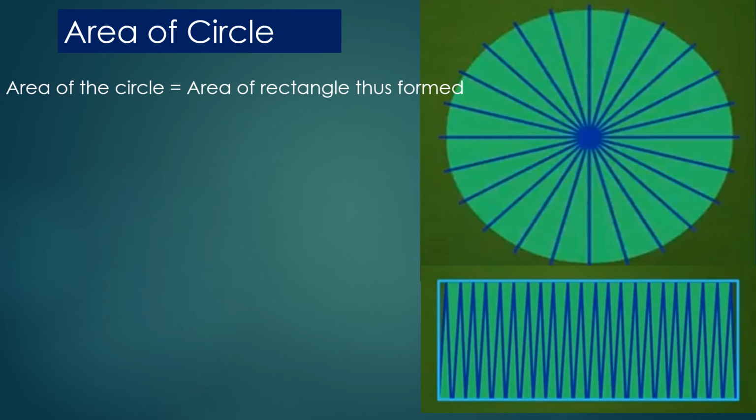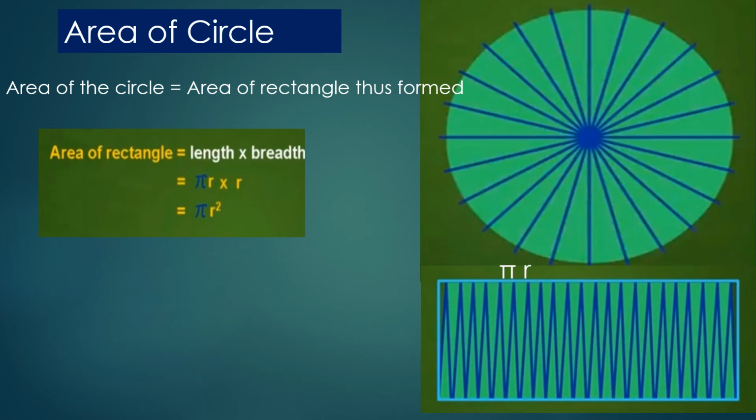You know that area of a rectangle is L into B, or length into breadth. For this rectangle, what is the length of the rectangle? You know that half of the circle we have arranged upward and half of the circle we have arranged downwards. Therefore, half of the circular ring, that is half of the circumference, is equal to pi r. That comes along its length.